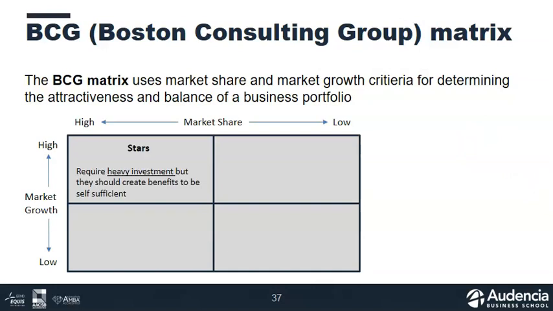The first are stars. These are business units in the corporation that have a high market share in a high growth industry. My market is growing, there's a lot of money to be made, and my market share is really high. These are great business units.